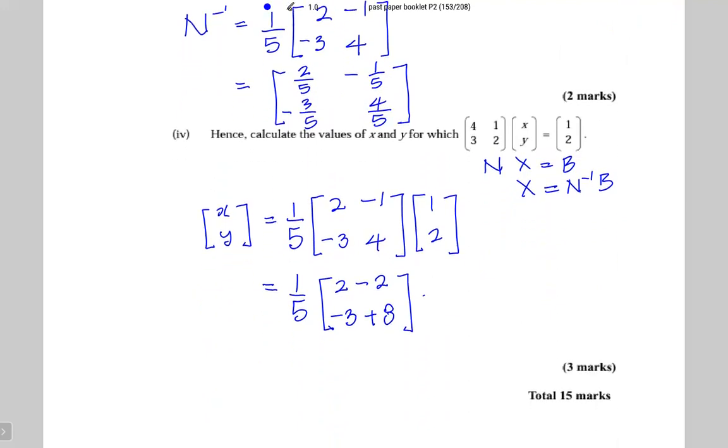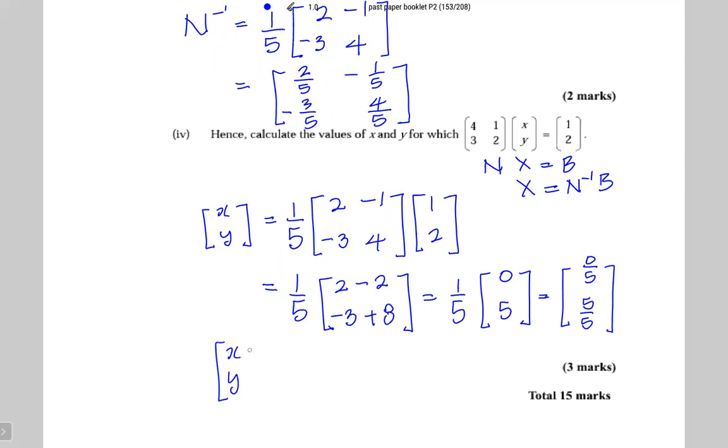And so this is equal to 1/5, 0, 5. Multiplying by 1/5 is the same as divide by 5. And so the matrix X, Y is equal to 0, 1.